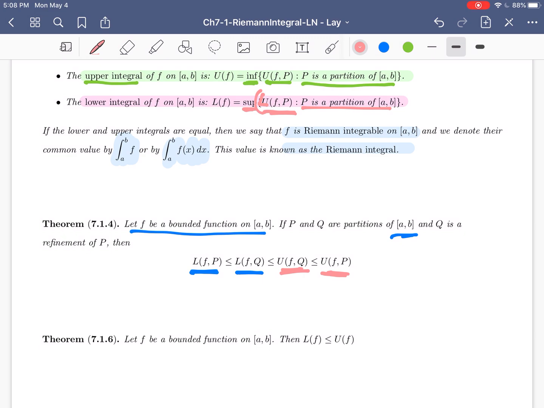Right? So we get this string of inequalities where the refinement gets us closer to having these two values that are equal.